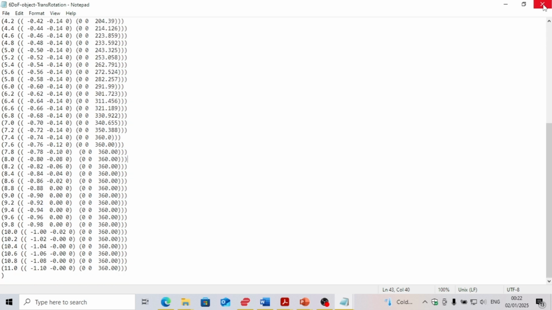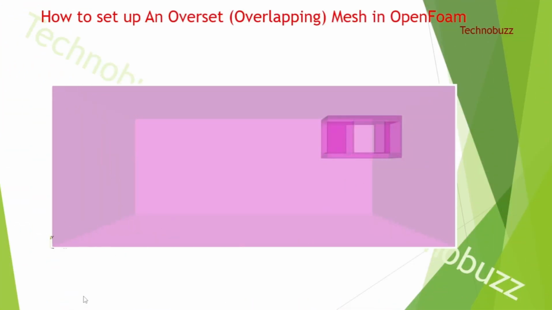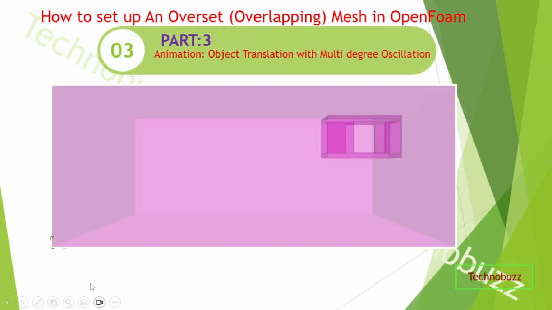I have launched the simulations and I created the animations in ParaView. So let us go to the animations and see them. Now here we can see the animation of object translation with multi-degree oscillation.